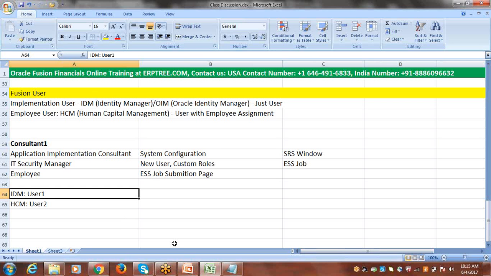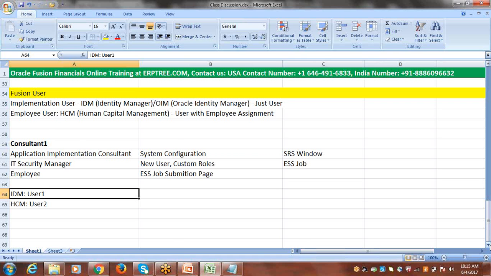So user 1 we call an implementation user, because it is created from IDM. Whatever user you create from IDM, we call an implementation user. User 2 we created from HCM. If you create a user from HCM, you can call that an employee user.